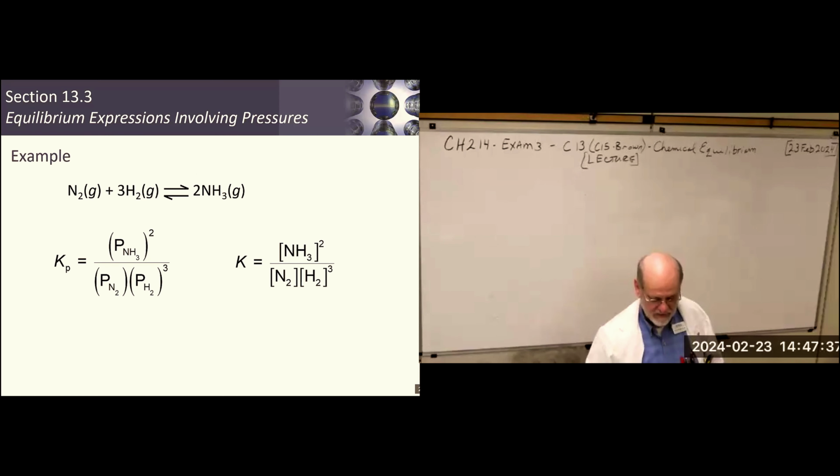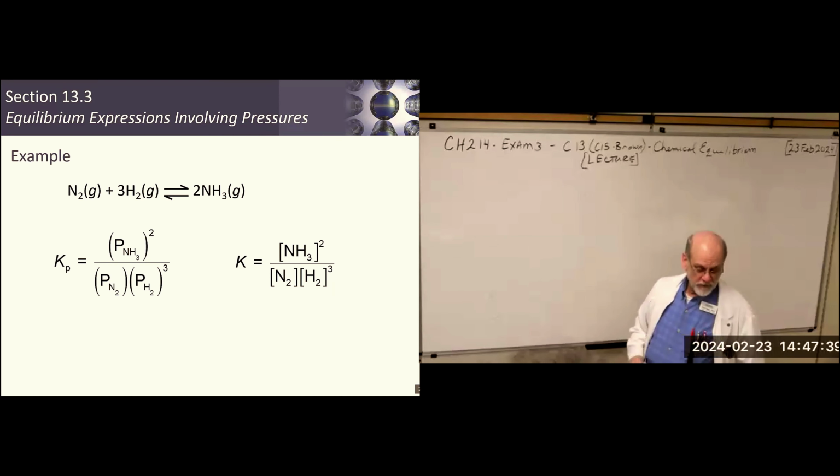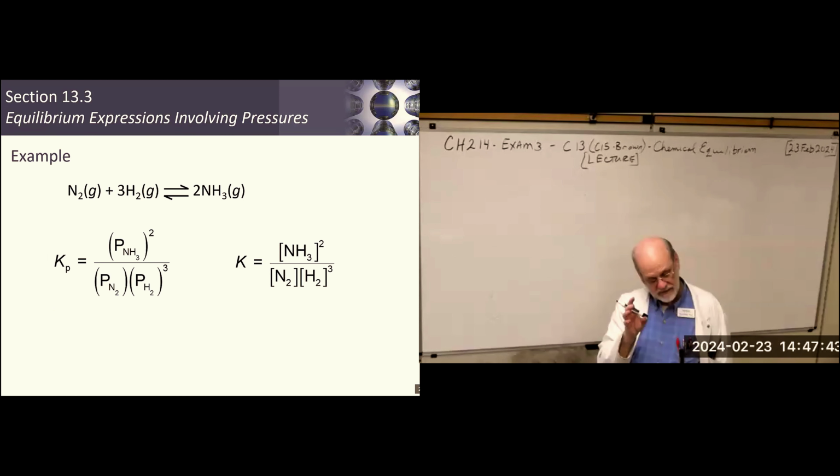All right. So for this Haber-Bosch process, we would write a K in terms of molarity. On the right, we have ammonia to the second power because that's the coefficient. And in the denominator, we have nitrogen to the first power and hydrogen to the third power.